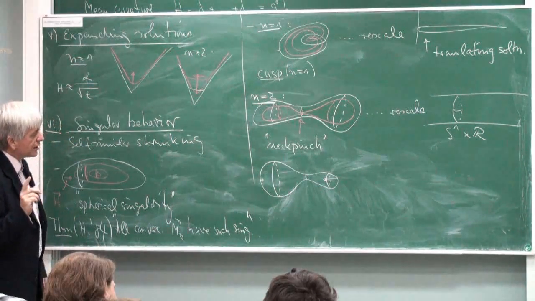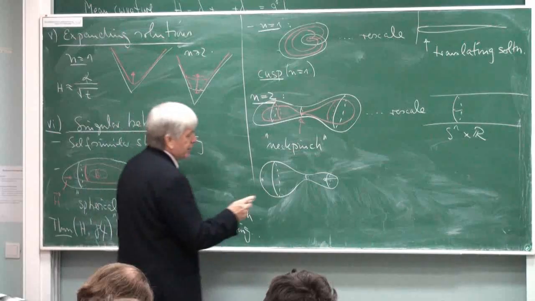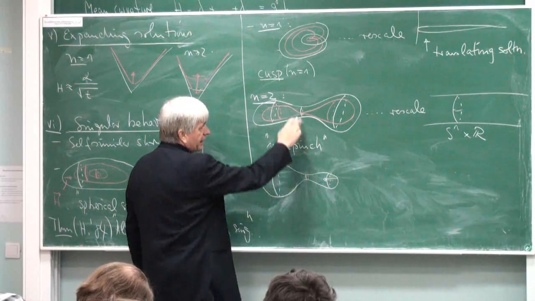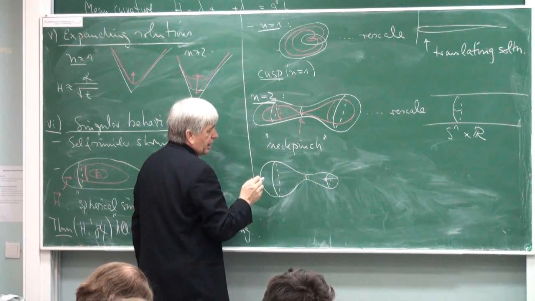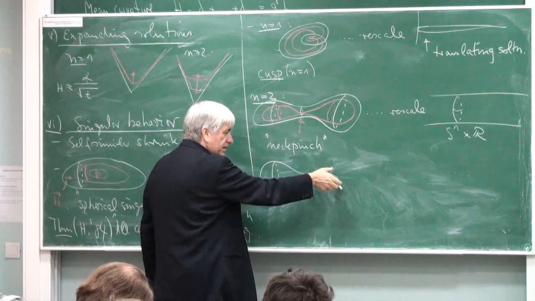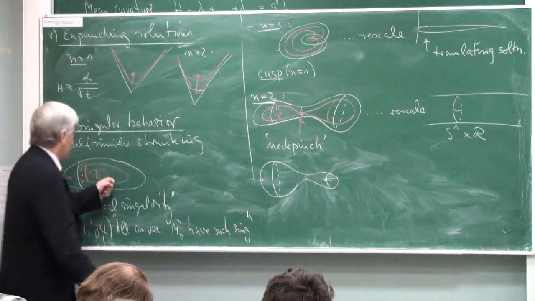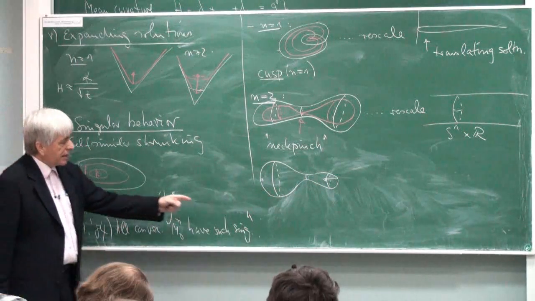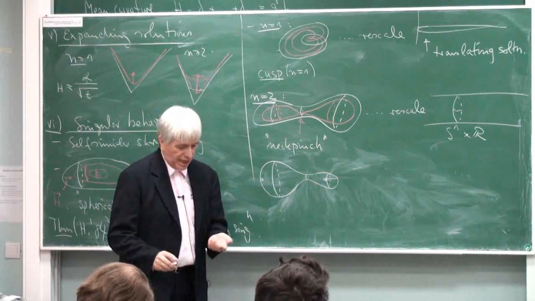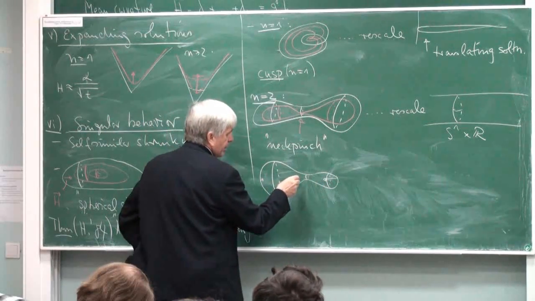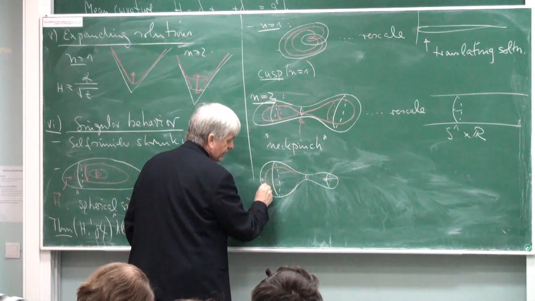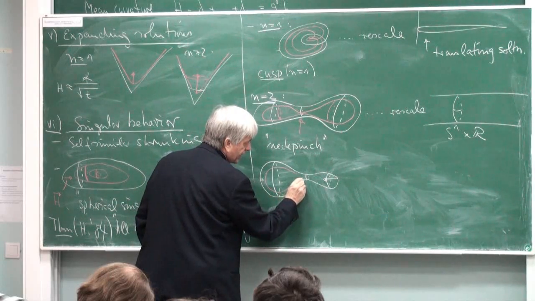So if you do it just right, if this is too small to make a nice neck pinch, but it is too big to make it into this picture, then this little bubble will get stuck, and you end up with a singularity which looks like a cusp here.